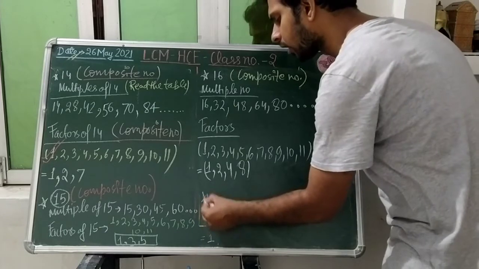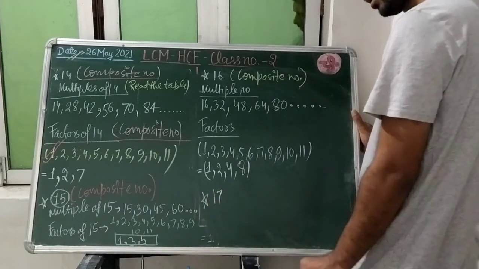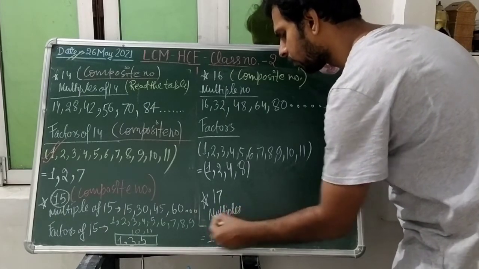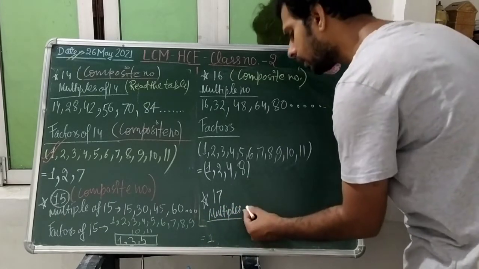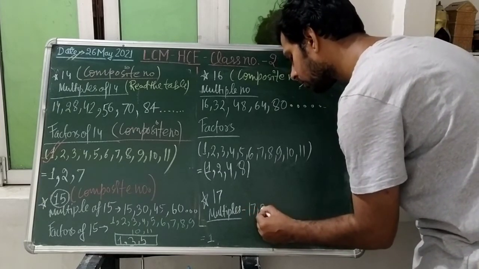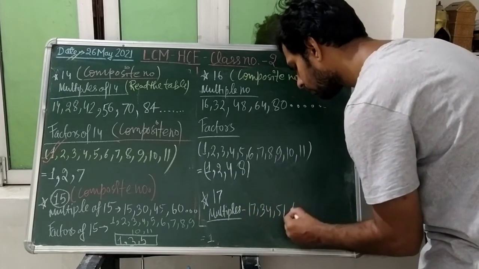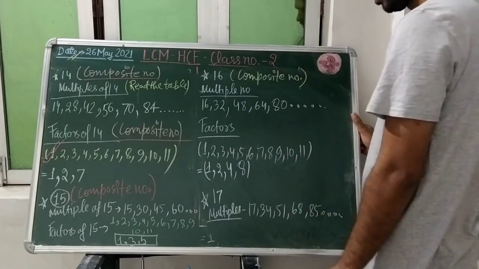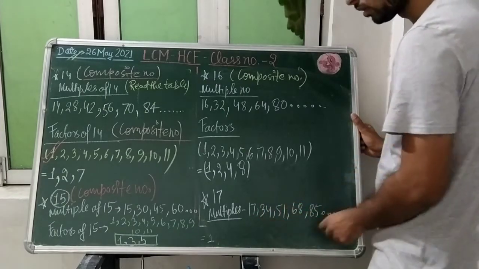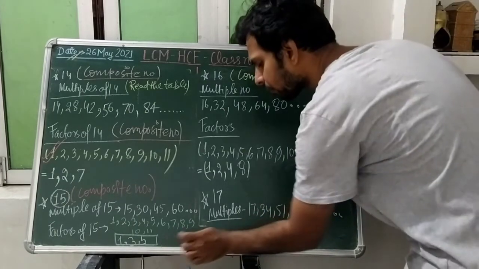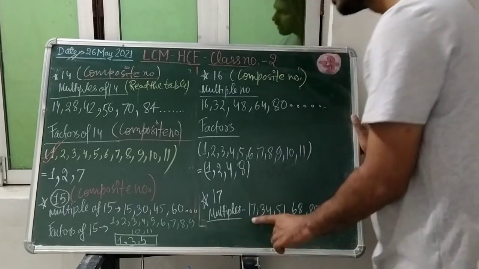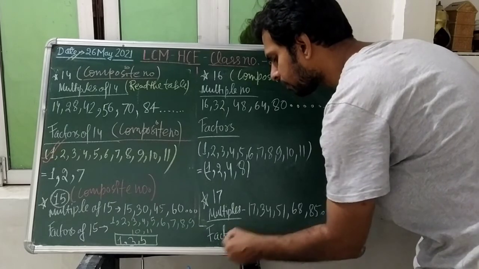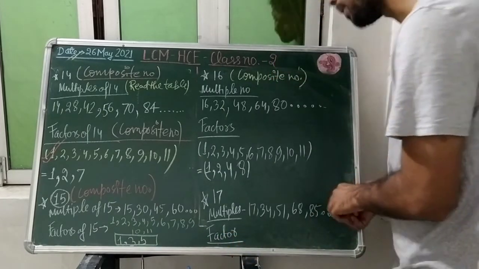And when we talk about 17, multiples are unlimited, and for that we shall read down the table: 17 ones are 17, 17 twos are 34, and it will go on. And when we talk about factors, look, students, is 17 a prime number or a composite number?